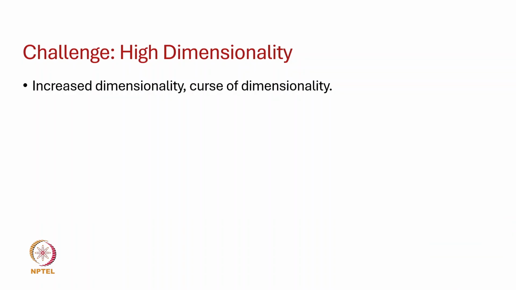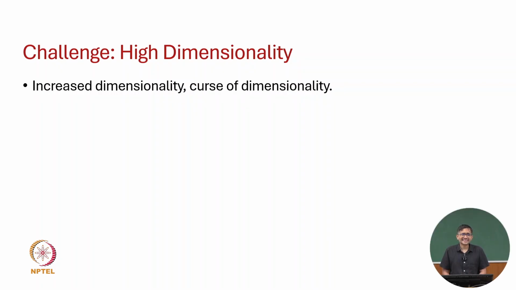I'll be talking again about this curse of dimensionality in the context of hyperspectral images soon, where the number of bands is really, really large. However, the challenge is also in terms of interpretability.